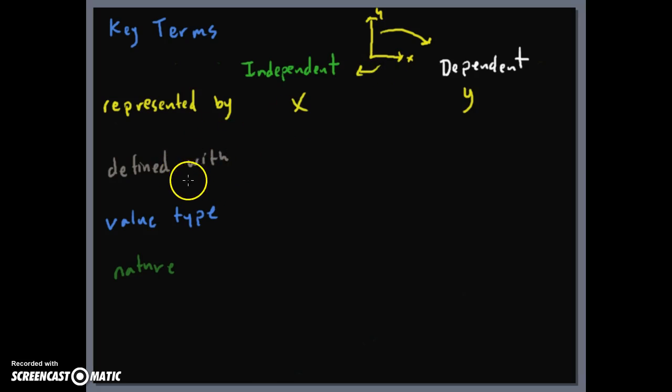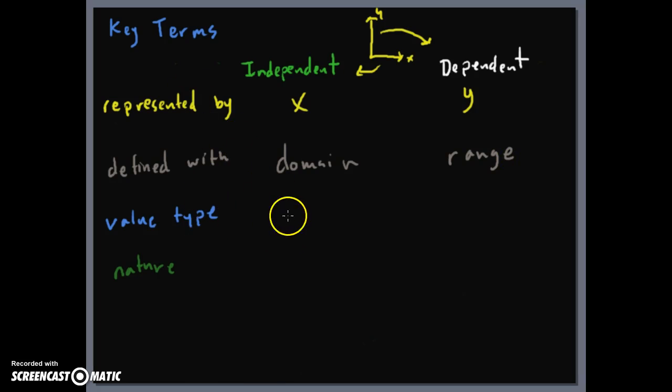The independent variable is defined with, so we learned about this in the last lesson, the domain. So the domain defines the independent variable, or which independent values are within that construct. And the dependent variable obviously is defined by the range.